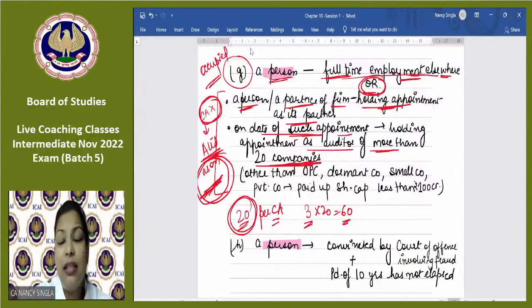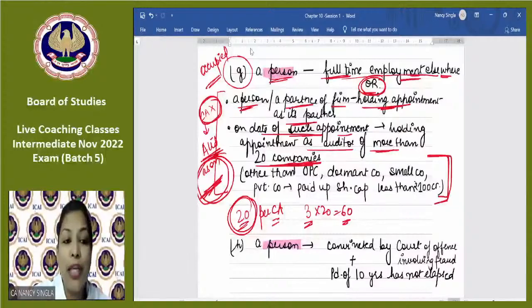Now when this limit of 20 companies is to be calculated, certain companies are not included. What are those companies?